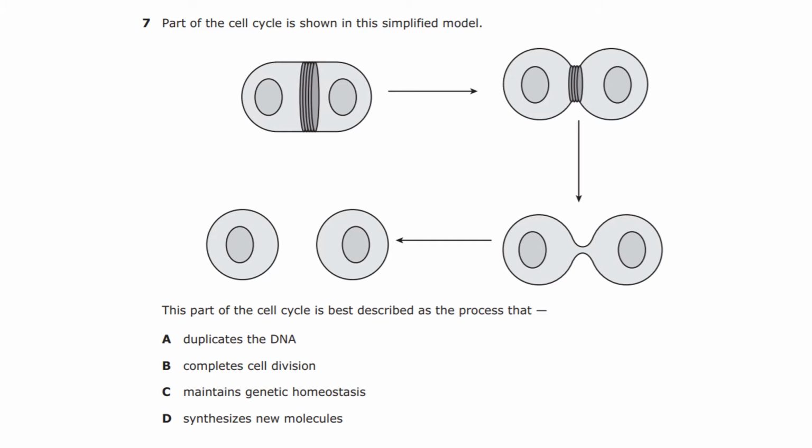And then we see it completely pinching through in the bottom right-hand corner. And then if you go back left, you see two complete cells by themselves. And so this is showing the completion of cell division. That one's pretty straightforward. I don't think you could assume that it would be anything else. Okay? So the correct answer would be B.